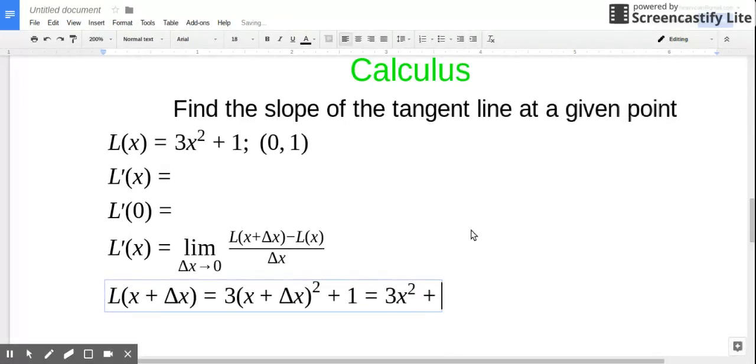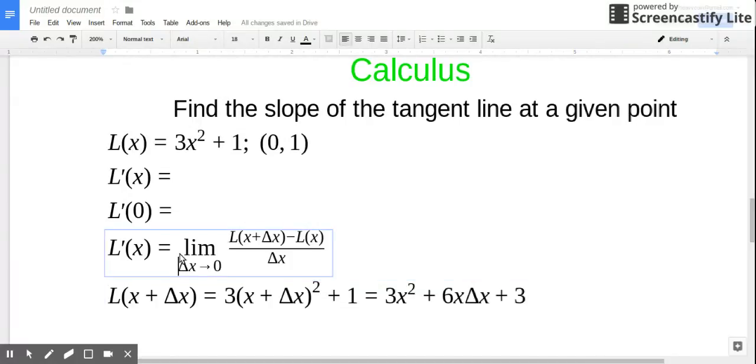The next term would be 2x delta x, and then that 2 times 3 is 6. So 6x delta x. Hopefully I don't make any mistakes. And then we have plus 3. Alright, so that takes care of that piece right there.